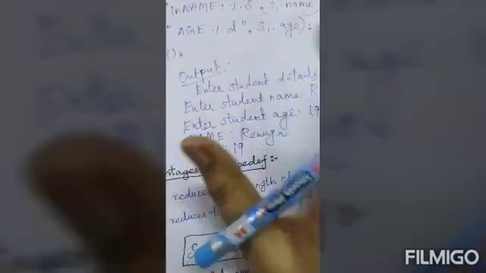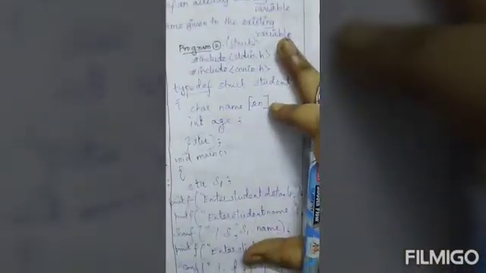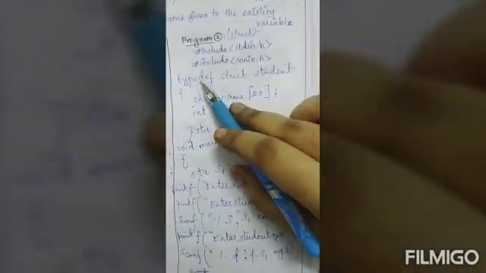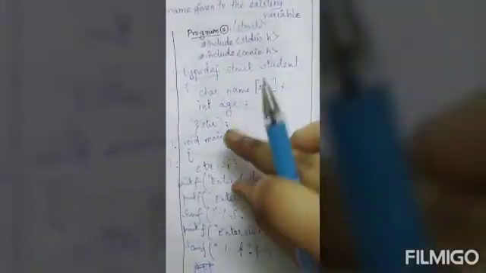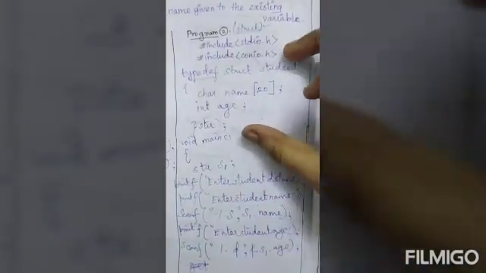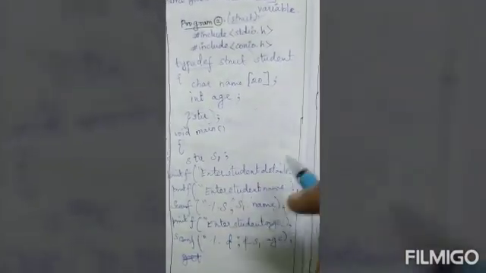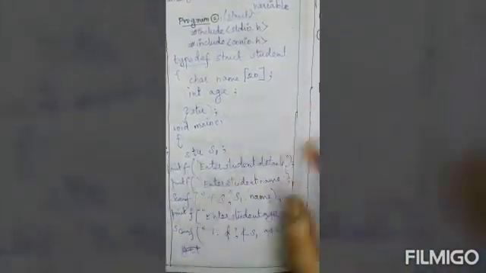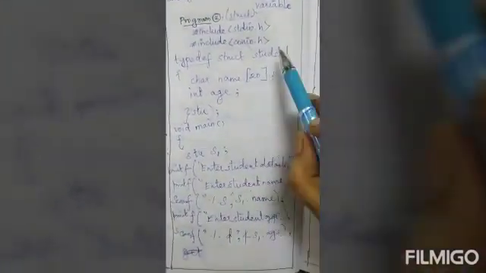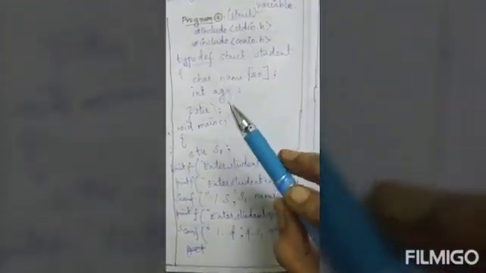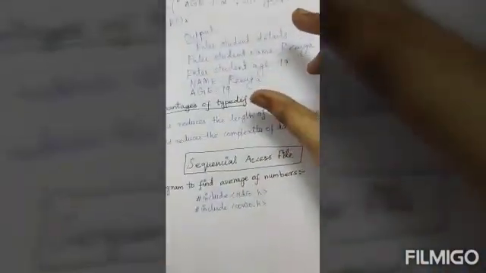So that's all. This is the output, and this is the program where we use typedef also by using structure. Before entering into void main, we declare the structure, and I am using all the printf and scanf statements. The purpose is to read a student's name and age, and that is displayed in the output.